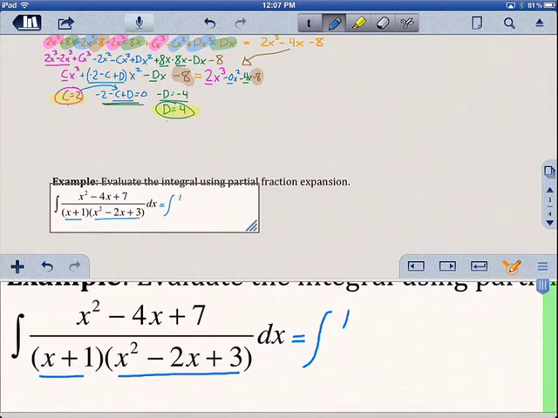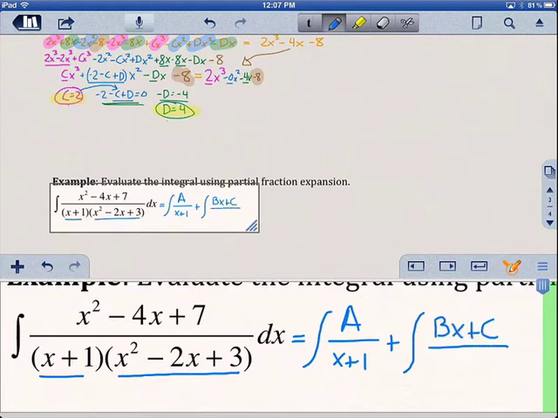So we're going to have the integral of A over our first factor, x plus 1, plus the integral of, well, there is a quadratic factor, so now we'll call this one, just going alphabetically, Bx plus C over our quadratic x squared minus 2x plus 3.